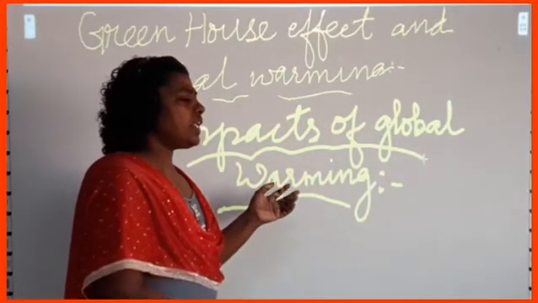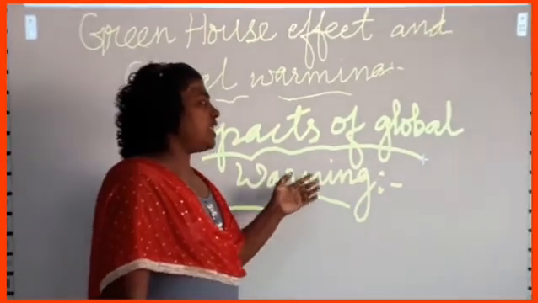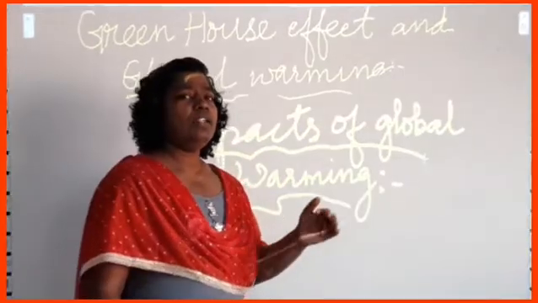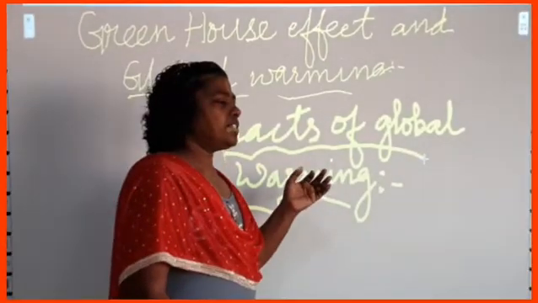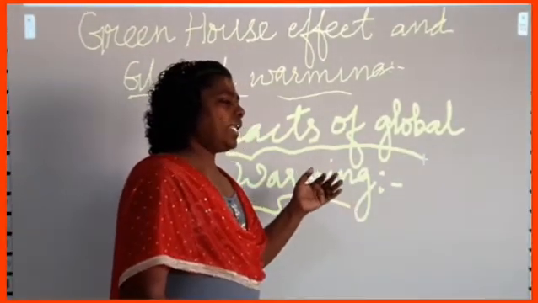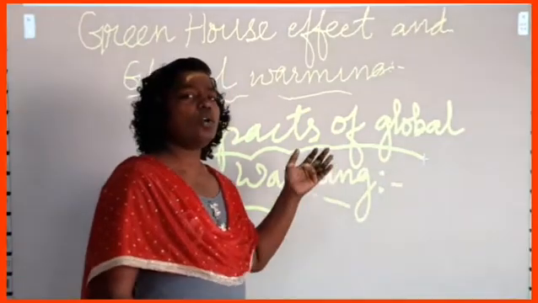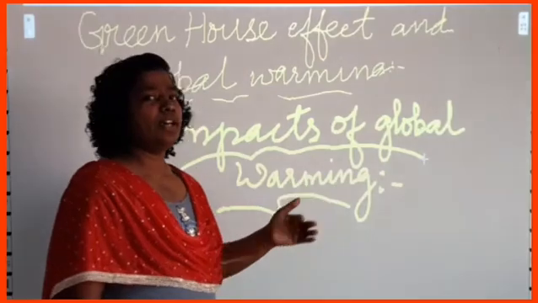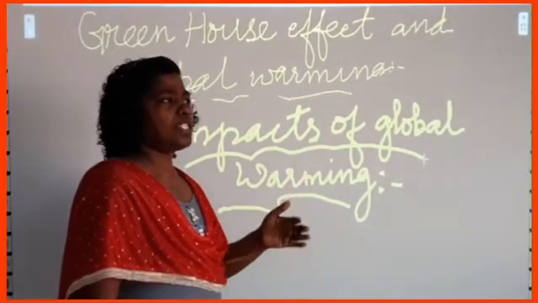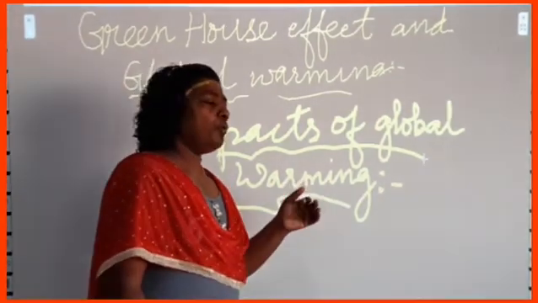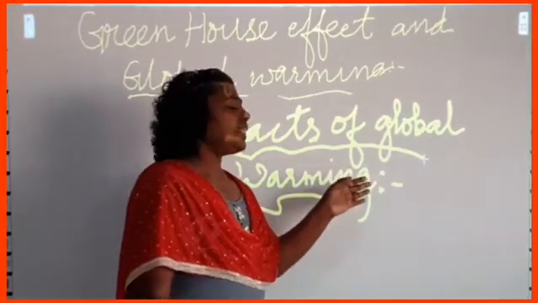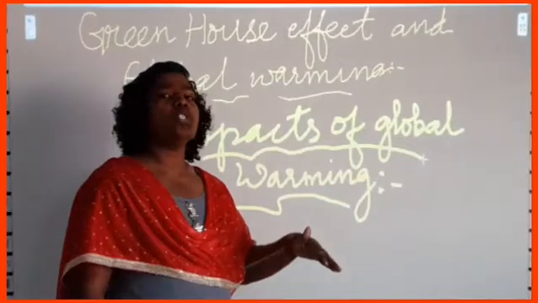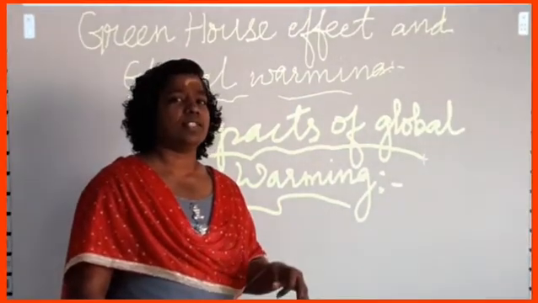And the next thing: climate change may affect hurricanes, tornadoes, sudden floods and heat waves. It is also caused by climate change, which may affect the earth. All these things happen because of global warming. Not only that, when the temperature increases, we know that in the oceans there are ocean currents.